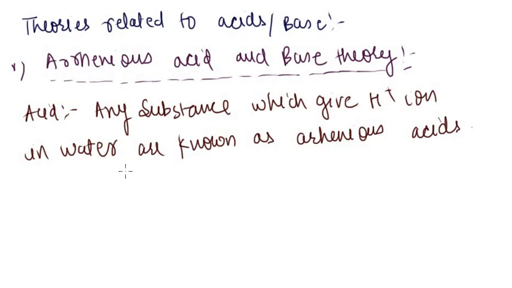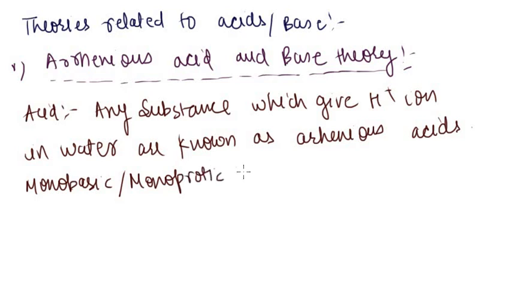There are various types of Arrhenius acid. First of all, monobasic or monoprotic, which releases one H plus in water. Examples are HF, HCl, HBr. These release 1 H plus while dissolving in water.